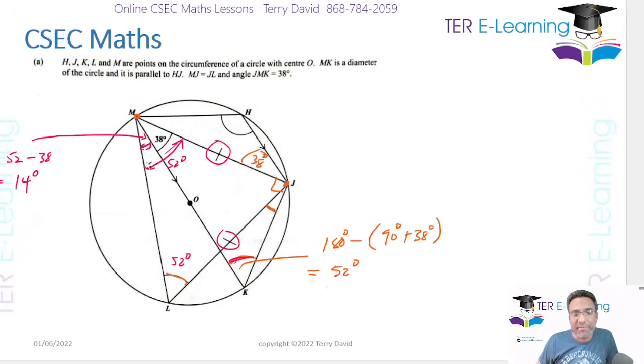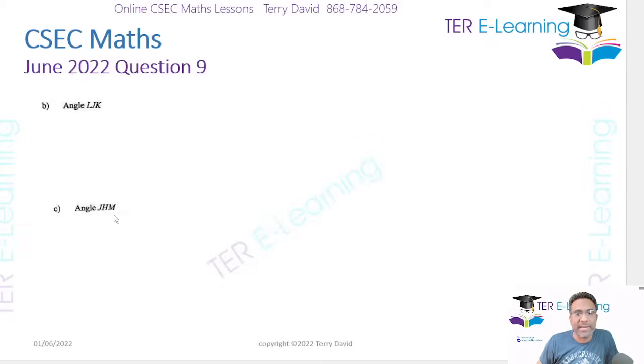If you notice something here, this line here is a chord. So if that's 14 degrees, it means that this angle here is also 14 degrees. I don't know if you all get some of these answers. So the answer for this one here is going to be 14 degrees.